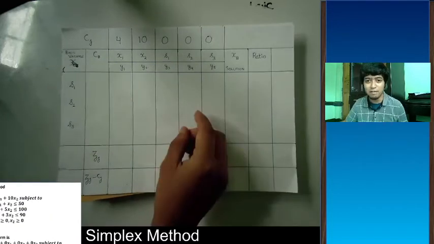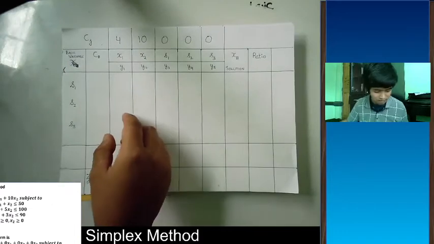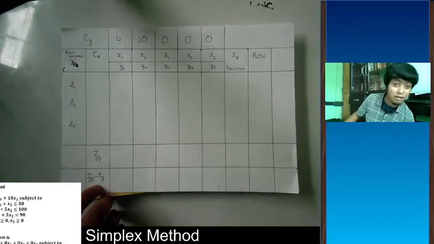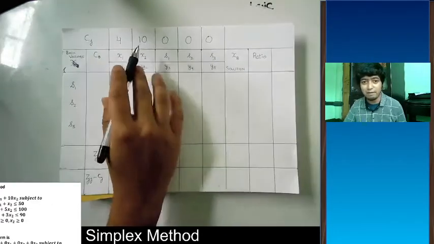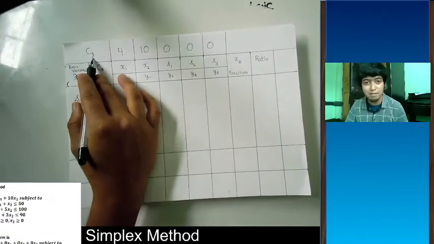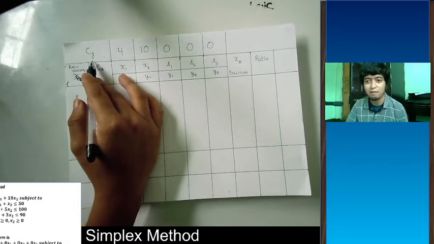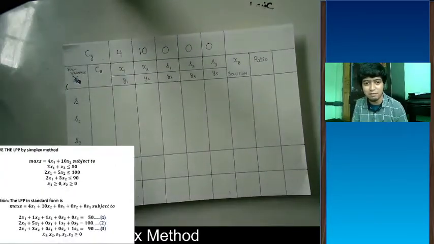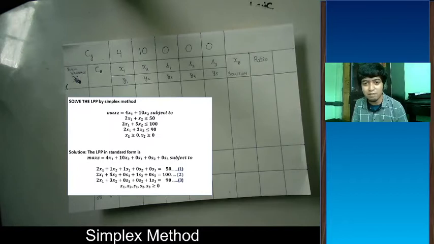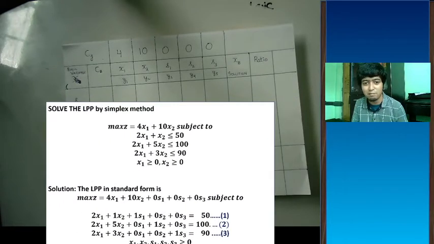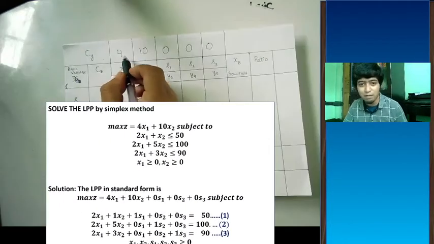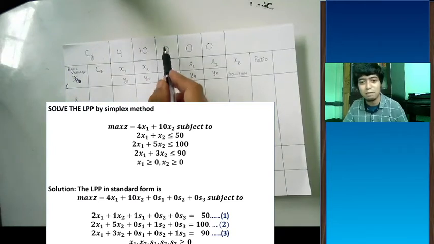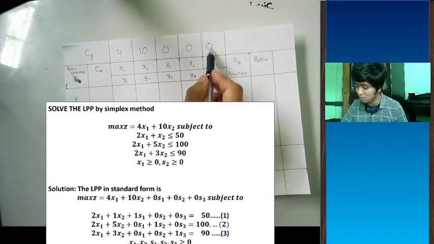If you notice over here, we have Cj. What is Cj? It is the coefficient of z in the objective function. The objective function is 4x1 plus 10x2 plus 0s1 plus 0s2 plus 0s3.